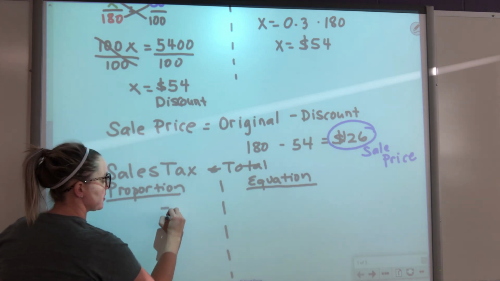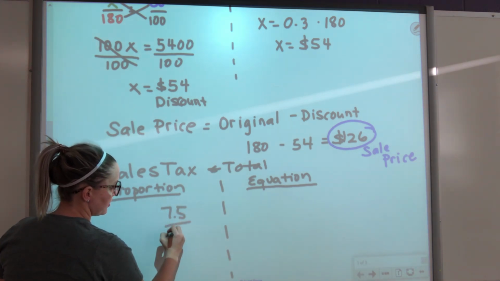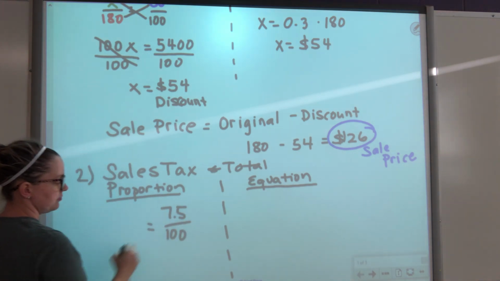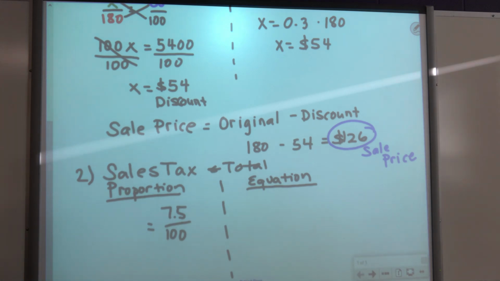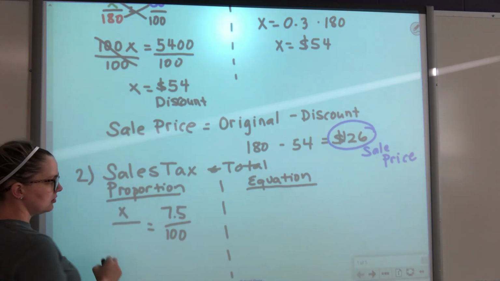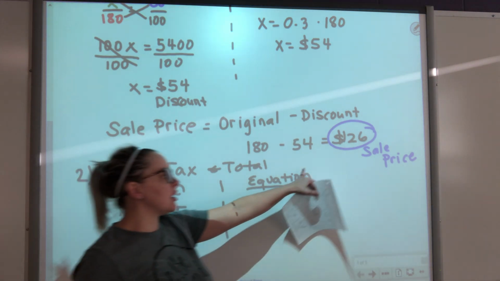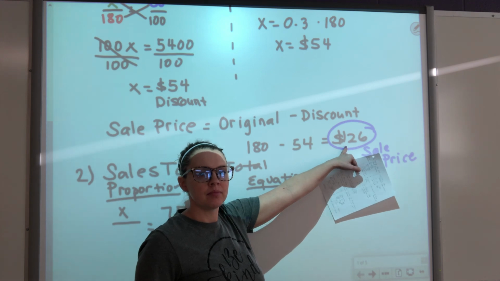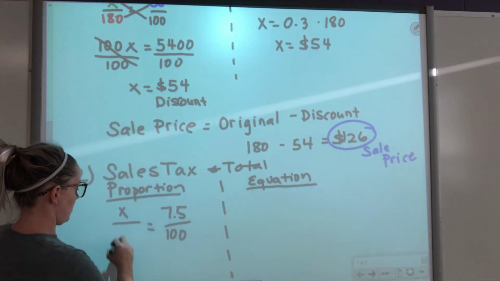So that goes over our percent. Our percent always goes over 100 for our proportion. We don't know how much we're going to pay for the tax, so that's going to be our part. And we're going to use our sale price as our new whole.